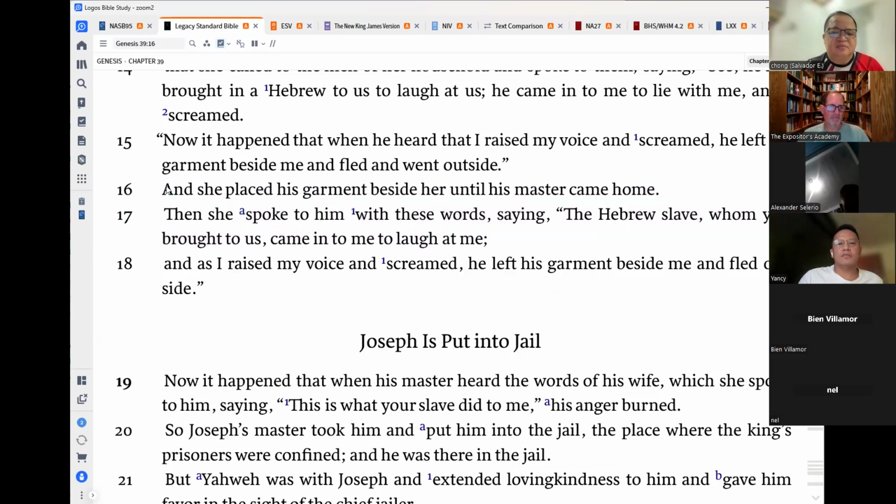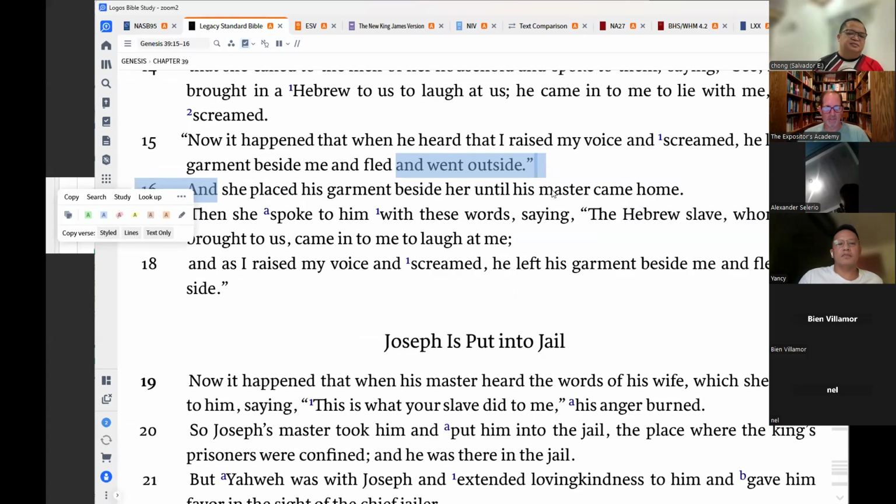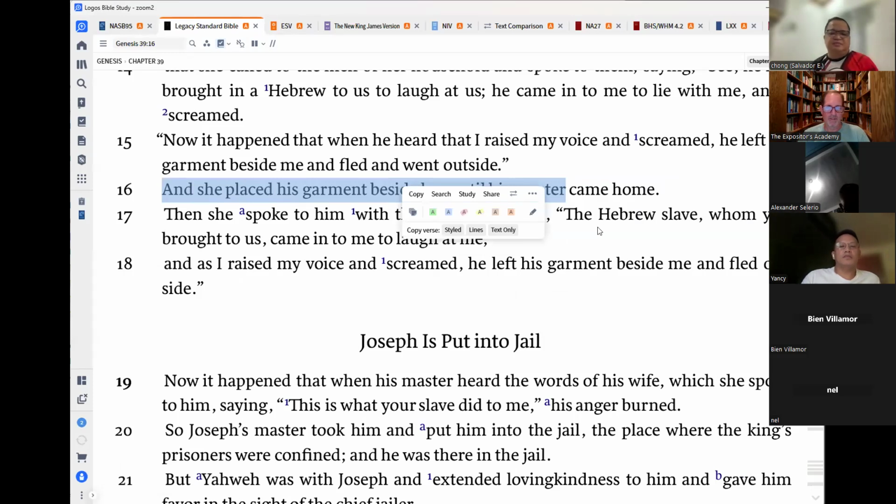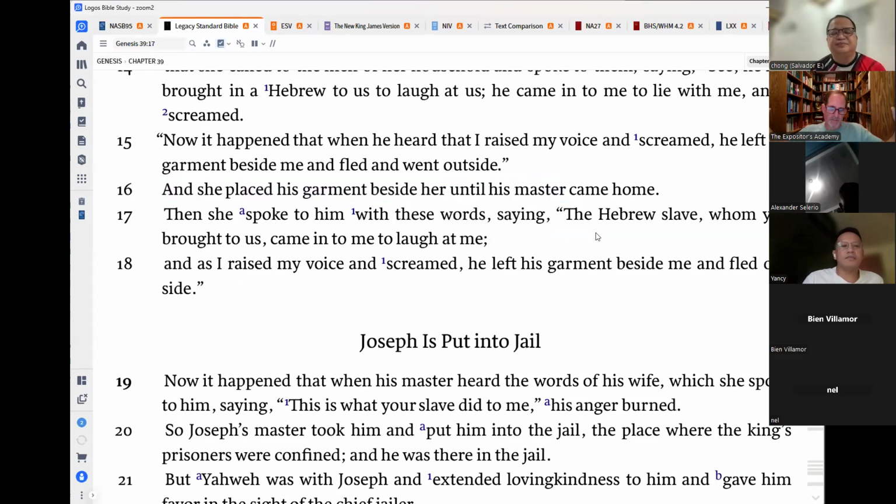But it seems like 16 is the closing of the previous scene. Again, she's sitting down, has the garment in her hand, puts it next to her, and is kind of waiting. So I don't know. You guys have any thoughts about that?